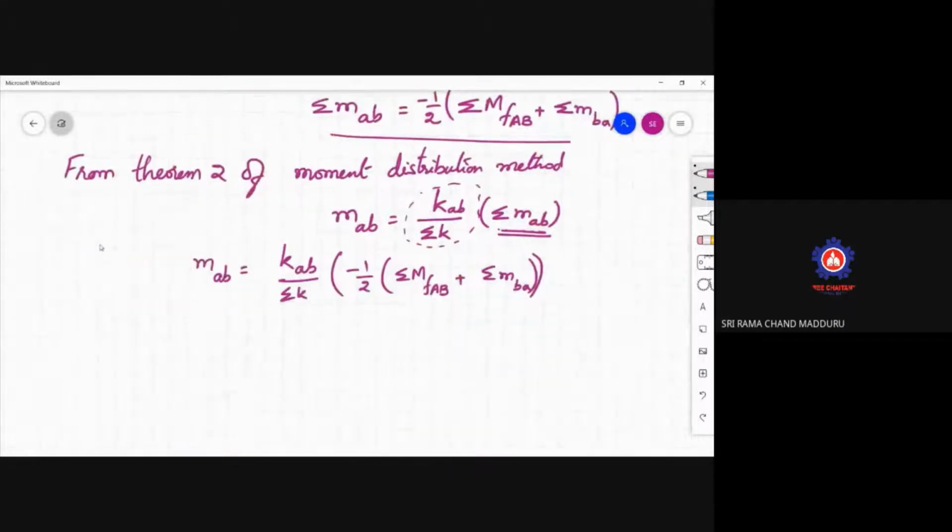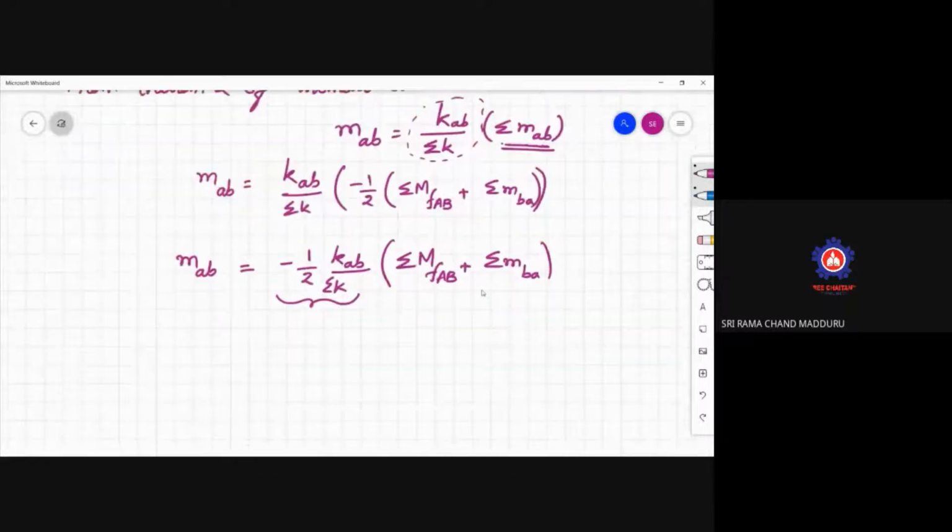This can be further simplified as the rotational moment MAB is equal to minus half of KAB by sigma K into sigma MFAB plus sigma MBA. This is called the rotation factor.